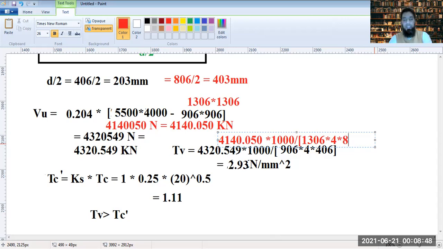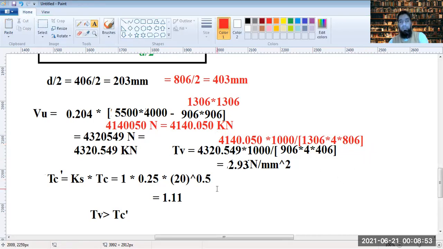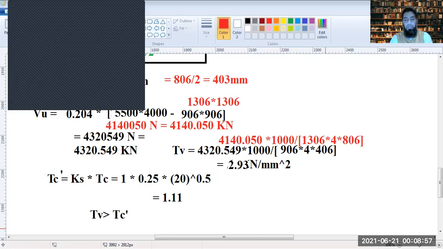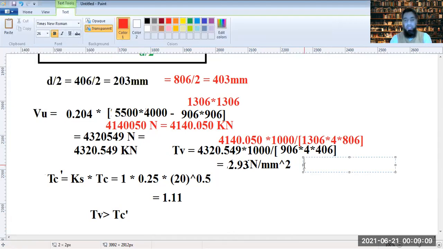It's 806. That is 4140 divided by 6. So 0.98. Perfect. 0.98 Newton per mm square.